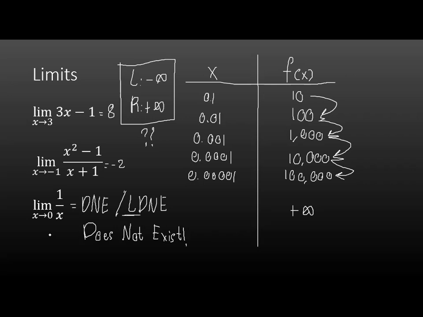I would like to include limit here so that it would complete the whole sentence, like limit does not exist. There you go. All right? But it's up to you, DNE or LDNE. But commonly, we would rather just use DNE. It's simple. So DNE stands for does not exist. Because you see, both of them are not the same. You get me? So therefore, the answer here is what? Does not exist.